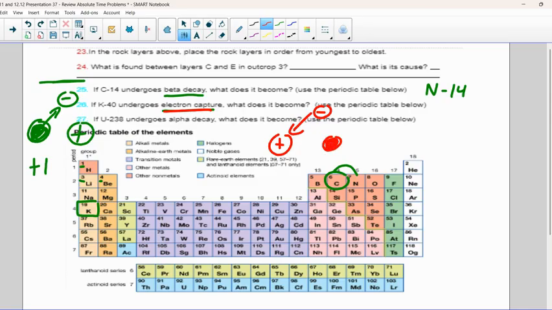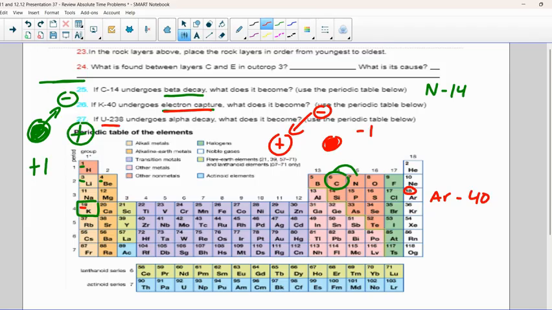So in this case, the proton goes away, and so the atomic number goes down by 1. And if the atomic number goes down by 1, and I started at potassium, which is atomic number 19, I'm going to come over to argon, which is atomic number 18. And once again, the mass won't change because the electron is considered massless as far as this goes.